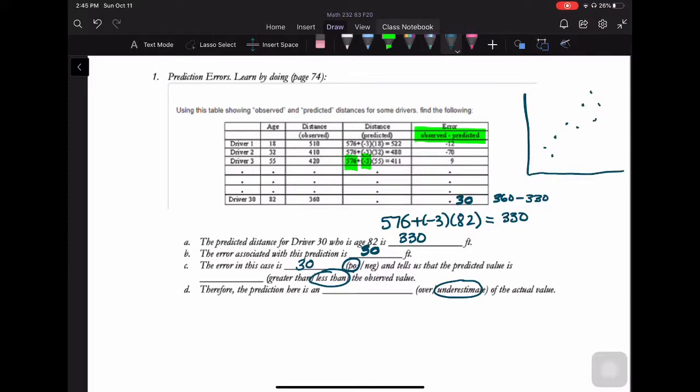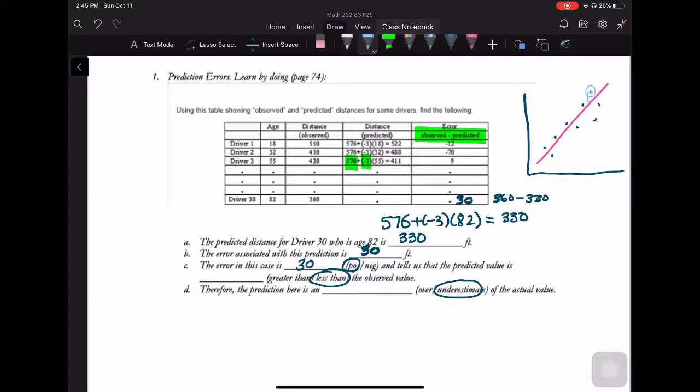So what I want to show you is, let's say I have a picture, and I have these dots for the linear regression line, and then I have my regression equation. Now, in your error, you're taking your observed value minus your predicted value. So let's say I have this point right here. That point has an observed value that is above the predicted value. And since it is above, it's going to have a positive value.